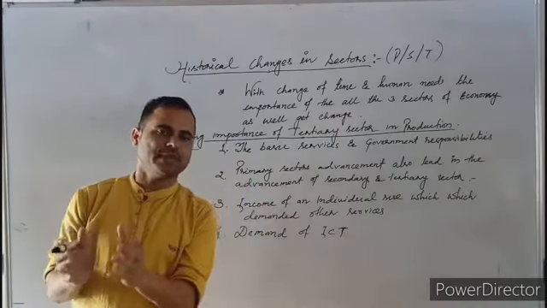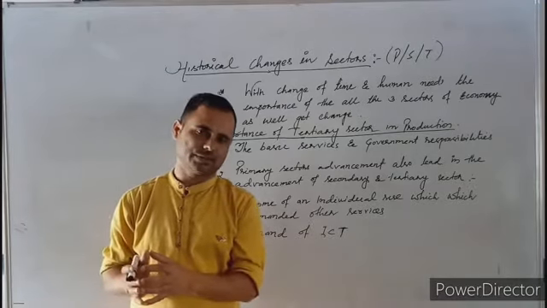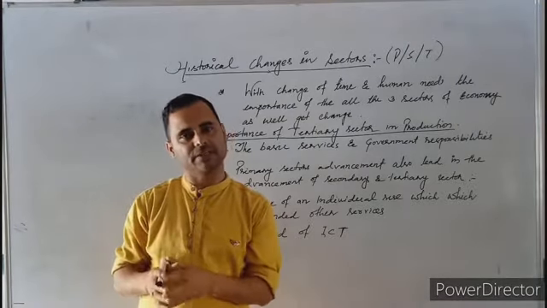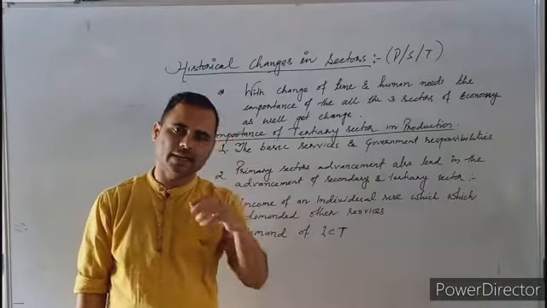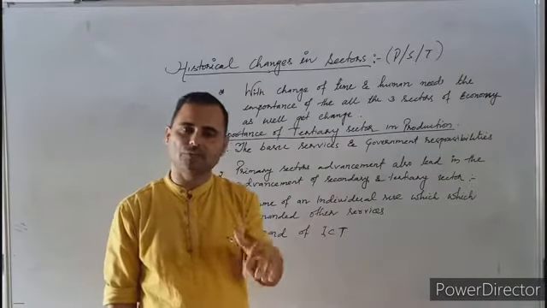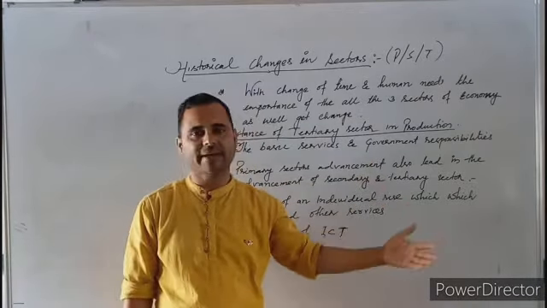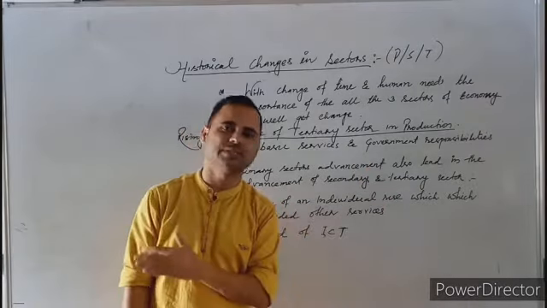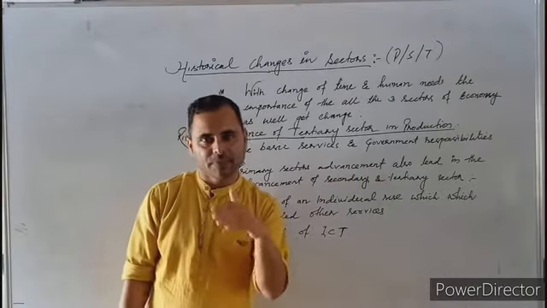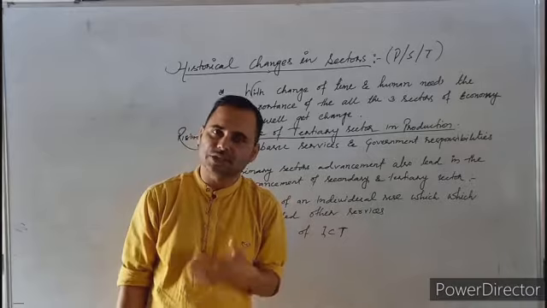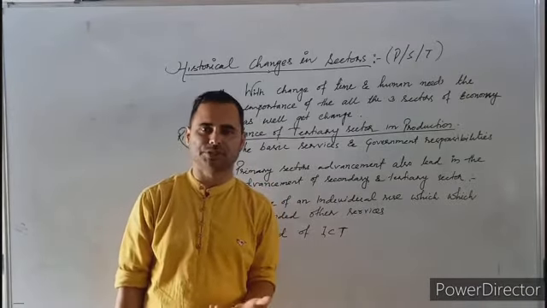But the way we do agriculture or perform agricultural activity, is it the same compared to 40 or 50 years back? Then you will come to know that no, it is not. See, the demand for goods has increased with the increase of population.